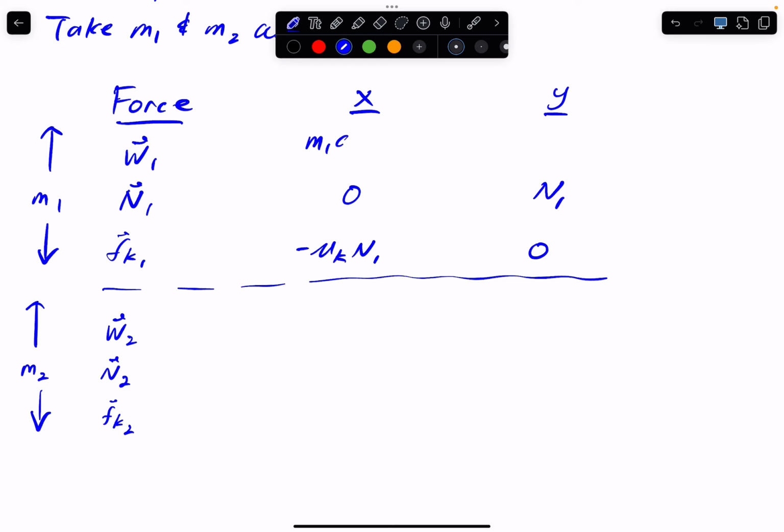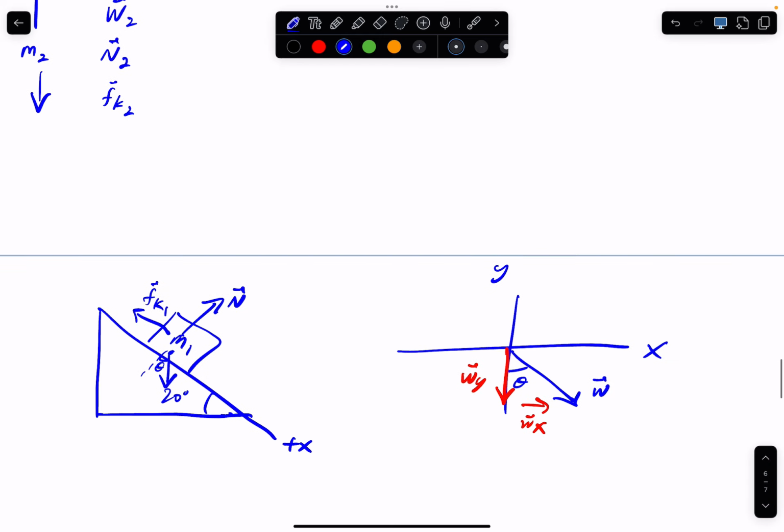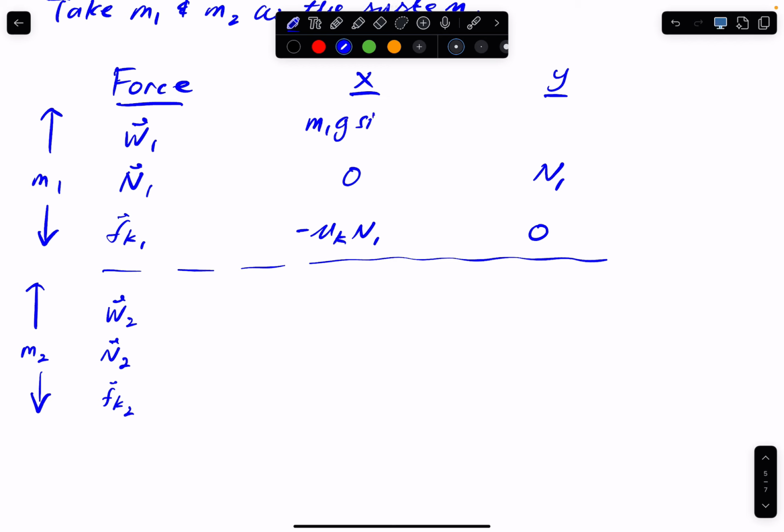So that's m1g sine 20 degrees, positive because it's pointing down the ramp. Right? Make sense? Or the Y component? Minus m1g cosine 20 degrees, right? Everyone see that? This was just the same as the original block on the ramp problem we did. We're just putting it all together now. Do okay?